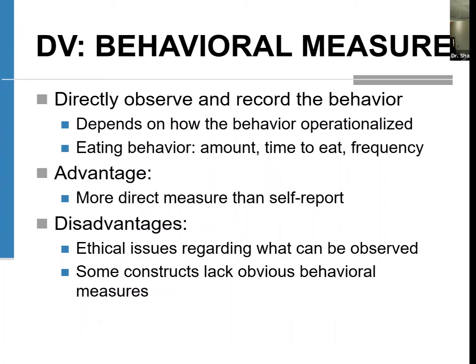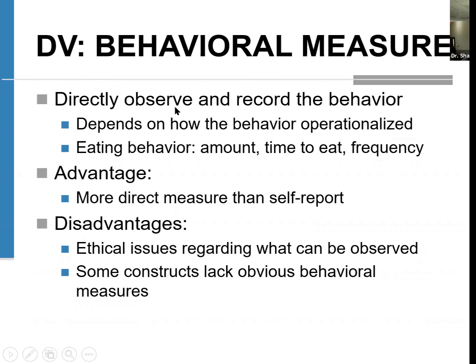Now, another way we can measure that variable is through a behavioral measurement. A behavioral measurement. Now, this is what I like to refer to as something I can directly record with, like, say, for example, a video camera. Why do I say that?